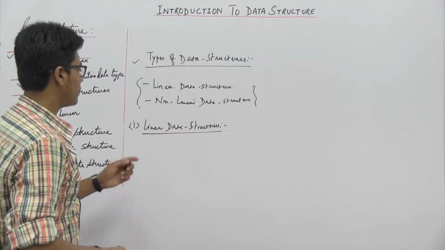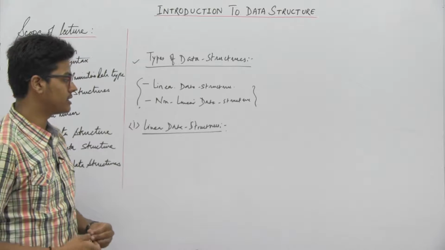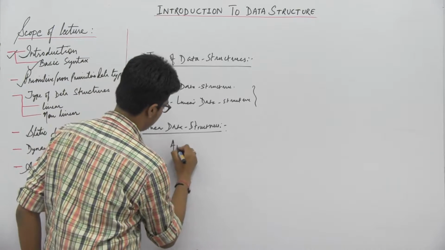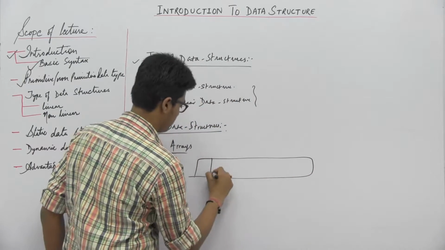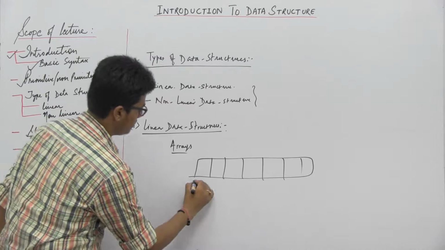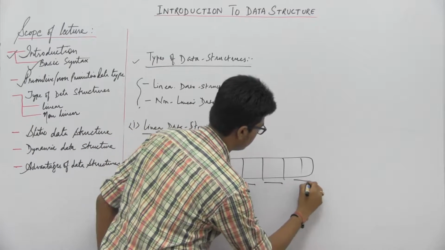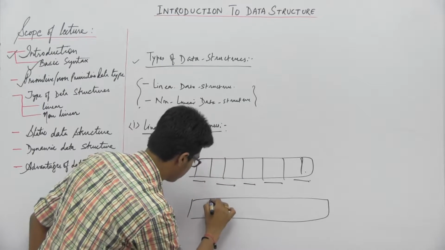Right. So in linear data structures, the structures are in the form of a sequence, like in one sequence, like an array. If we see the array, it is in continuous form, linked one to each other, like in a linked list.